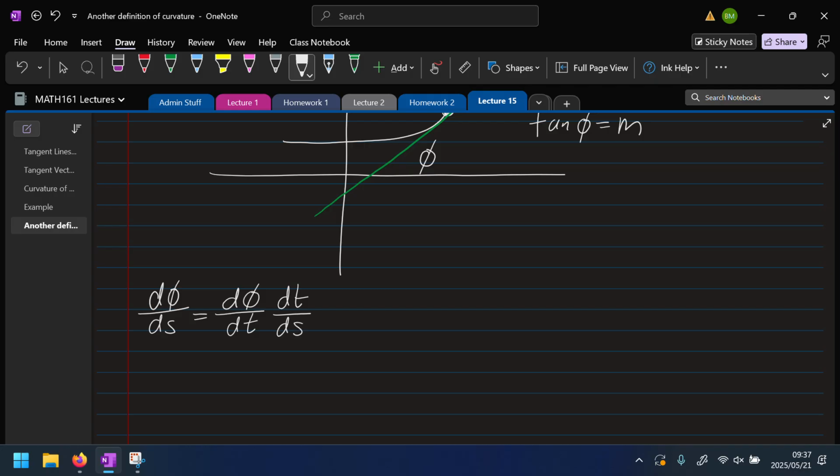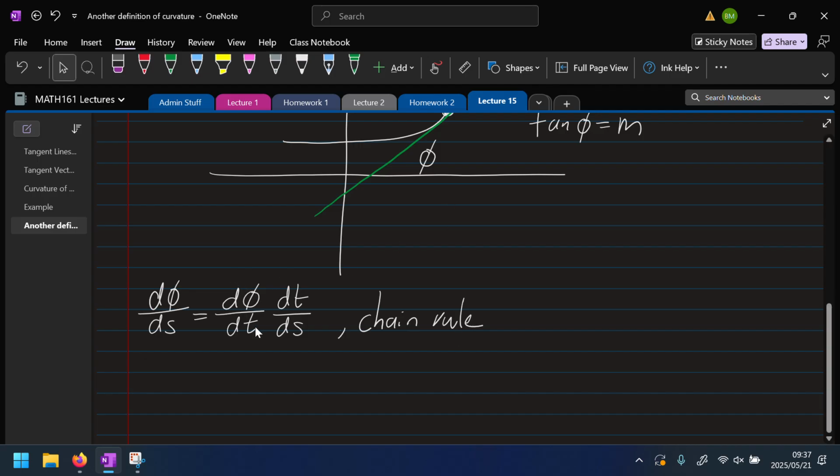Here we just use the chain rule. We've used t before, we know how that works. And then dt by ds, that's a problem for later. We'll save that for later on.